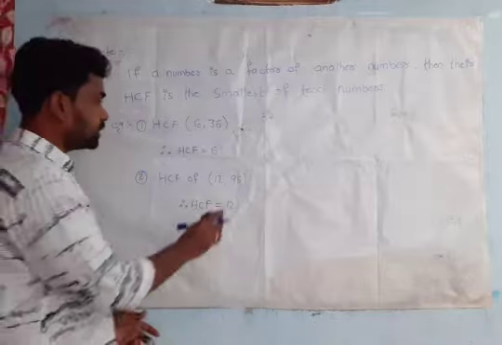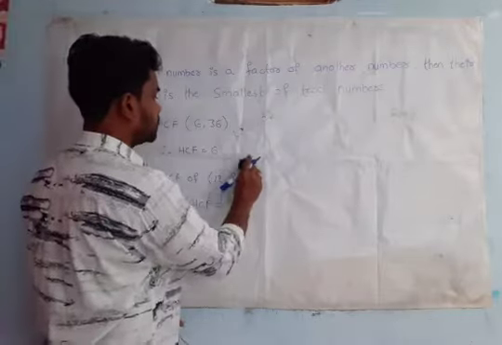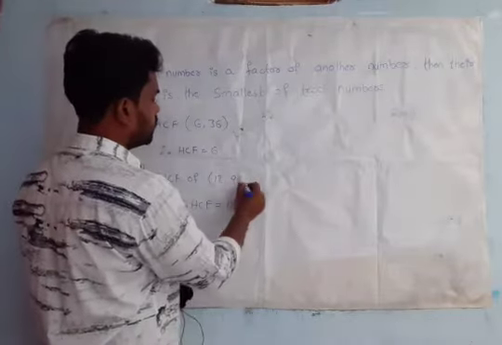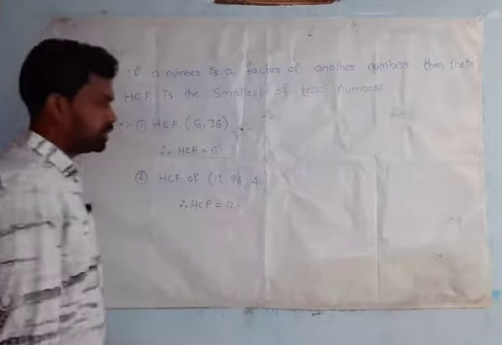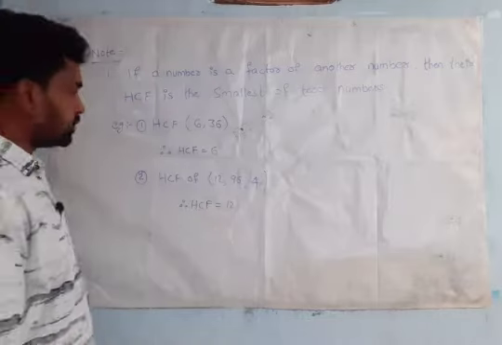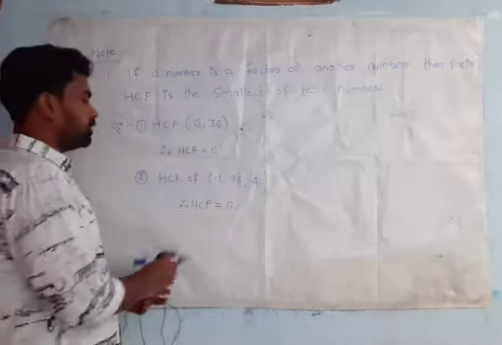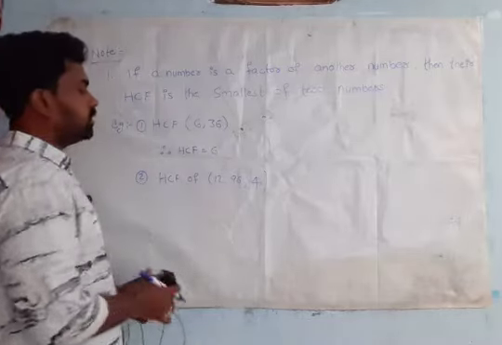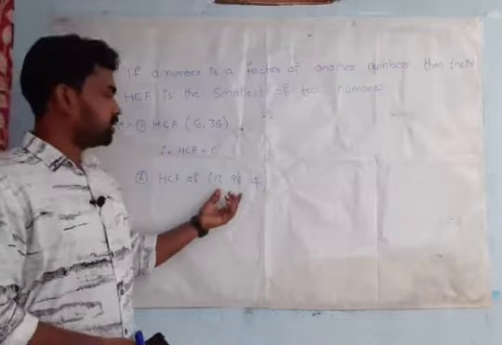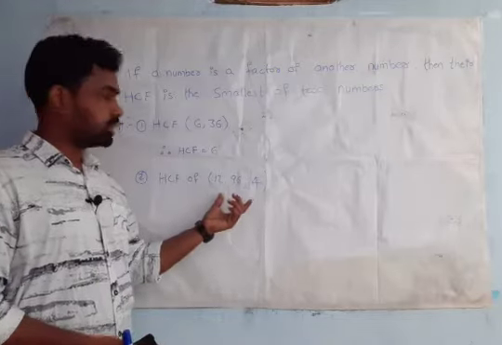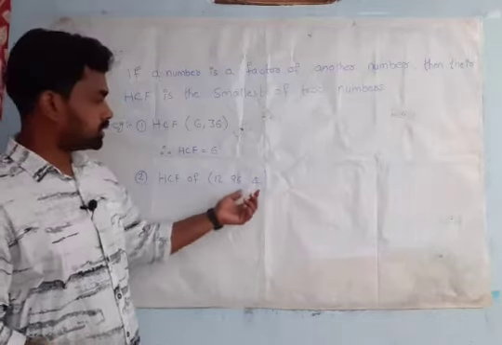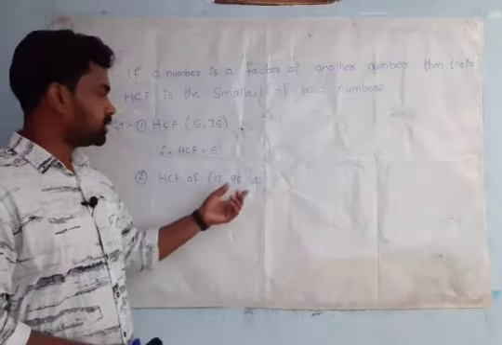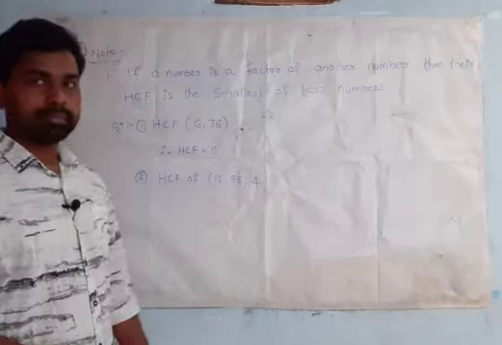Sometimes in the question they will give three or four numbers. For example, they will give three numbers like this. For three numbers also we can find the HCF. We have to find out whether any number is a factor of the other numbers or not. 2 is a factor of 96, and 4 is also a factor of 96, and 4 is also a factor of 12. Correct?